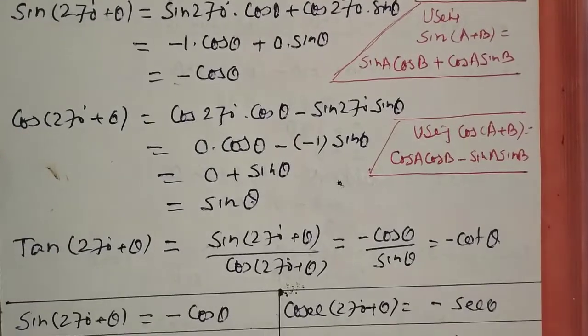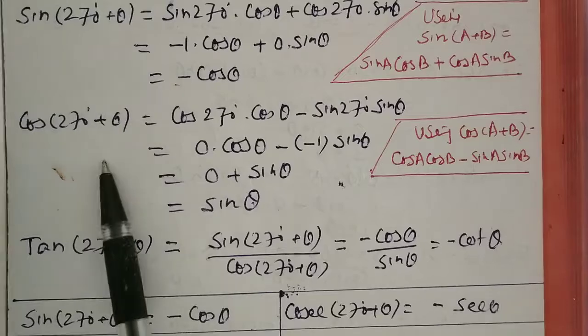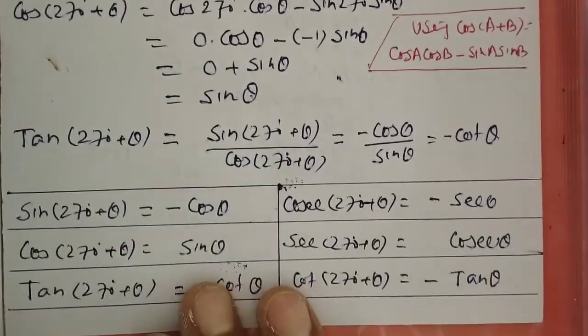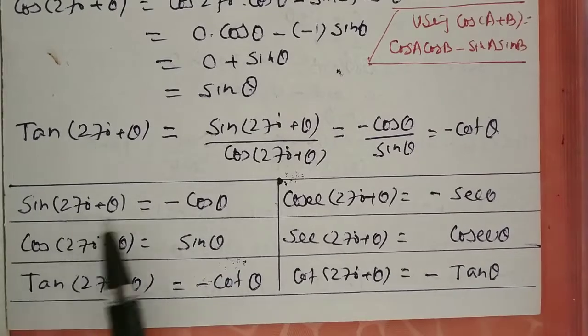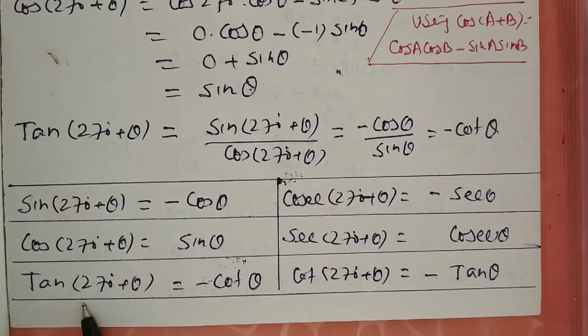To find the value of tan 270 plus theta, divide this by this, sine by cos, so minus cos by sine, minus cot theta. So your table is ready now. Sine 270 plus theta is minus cos theta, already proved. This is already proved.